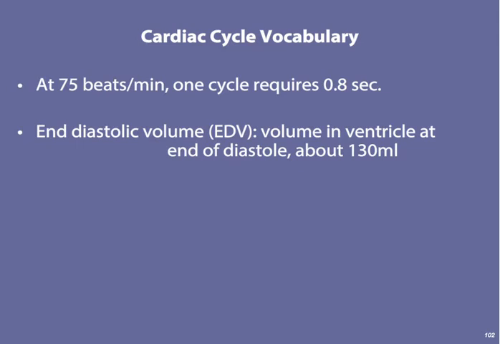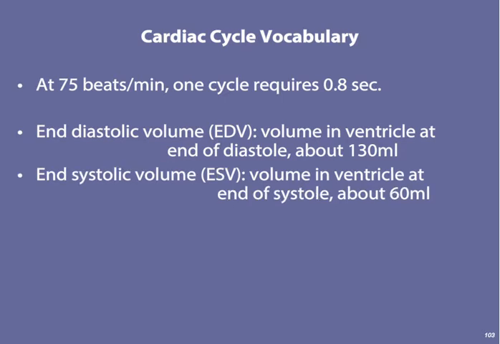The end diastolic volume, or EDV, is the volume of blood in the ventricles at the end of diastole, and is typically around 130 milliliters. In contrast, the end systolic volume, or ESV, is the volume remaining in the ventricle at the end of ventricular systole, and it's typically around 60 milliliters.